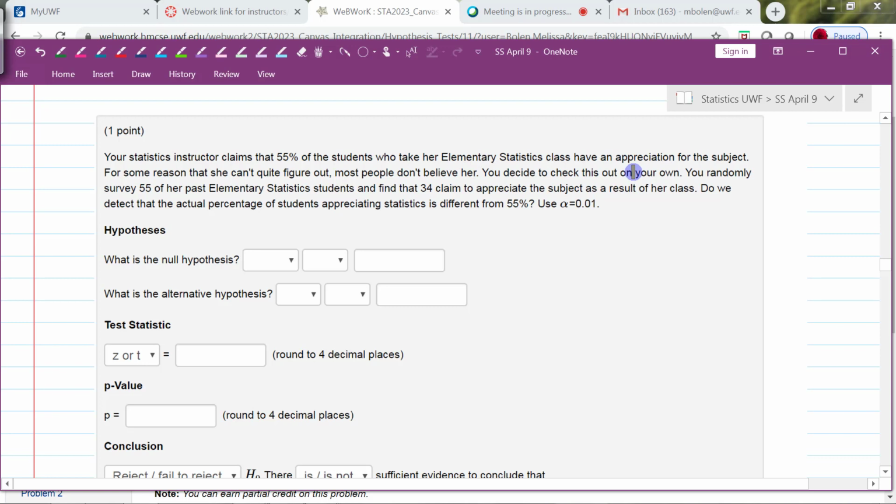You decide to check this out on your own. You randomly survey 55 people of her past elementary statistics students and find that 34 claim to appreciate the subject as a result of her class. Do we detect that the actual percentage of students appreciating statistics is different from 0.55? Use alpha equal to 0.01.